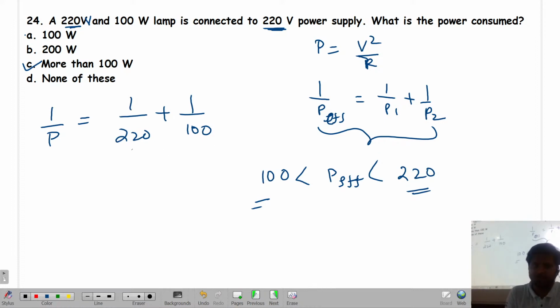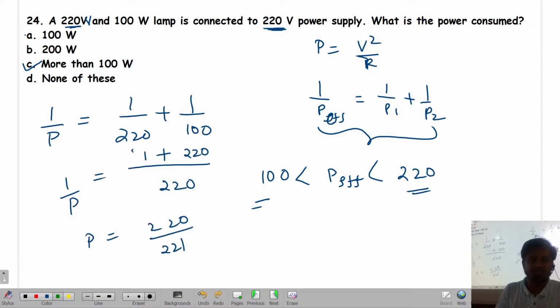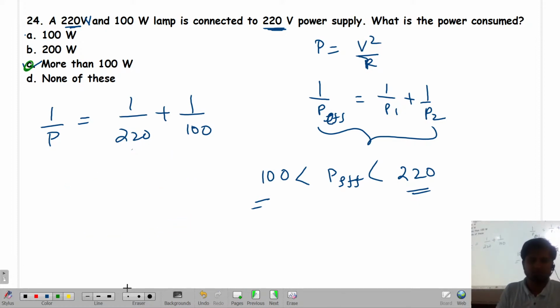When you take the LCM, you will get the answer. Got it or not? So this power should come as 100 watt. But this trick will definitely be there. Understood or not? Yes, guys, can you try this? After this step, it is your work. Okay. Answer is option A. Accurate answer is coming.